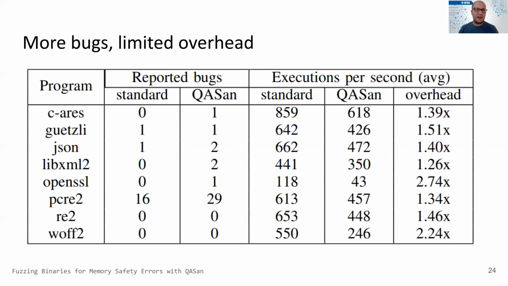In terms of fuzzing, we have a limited overhead. You can see the overhead compared to AFL++ QEMU is between 1 and 2 times. That is nice. And we can uncover many more bugs compared to normal QEMU in this subset of the fuzzer test suite.